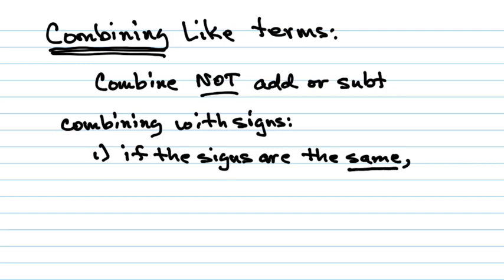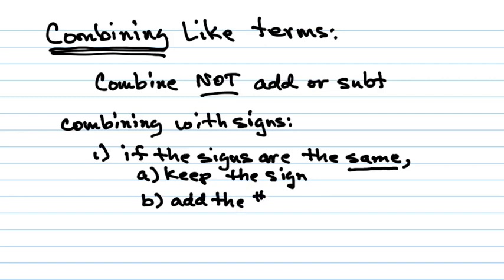Then what you're going to do is you will keep the sign and then you will add the numbers. Remember that? So, 2 negatives make a positive? That's not a rule. If you're combining 2 negatives, then your answer is going to stay negative.